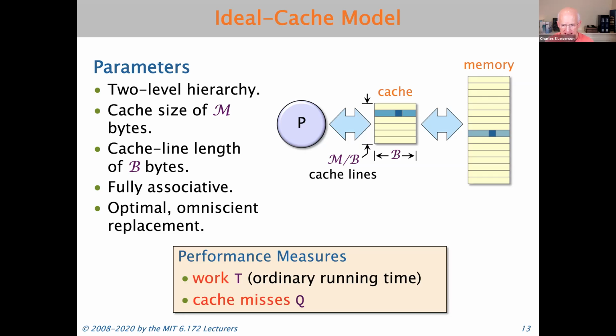The second is cache misses, which we generally will denote by Q, because I guess cache and Q start with the same sound, even if they don't start with the same letter. But C is way overused. In fact, we're going to get into trouble with variables. You'll see.